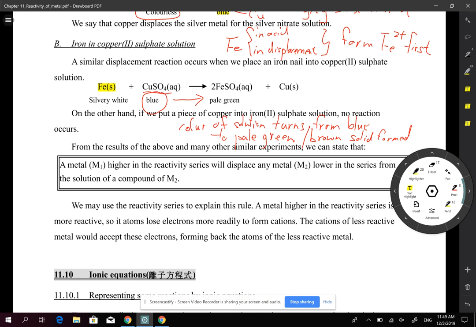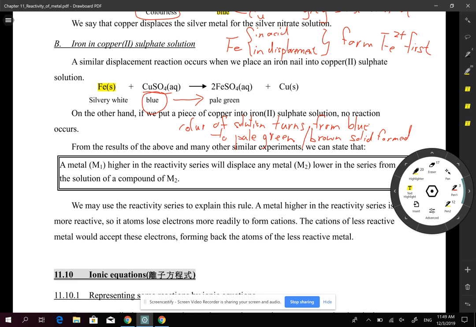No. Okay. Will it undergo displacement reactions? And other suggestions? Give a few more examples. Either one reactive metal put into a less reactive metal compound.